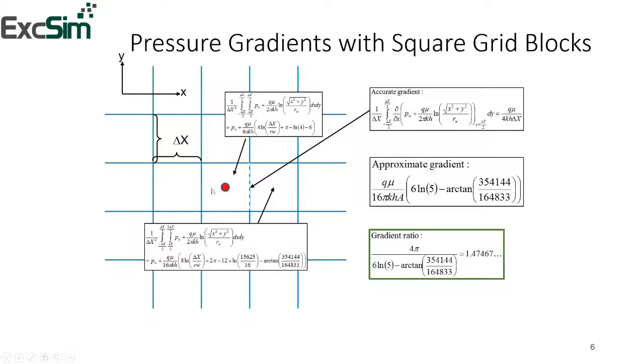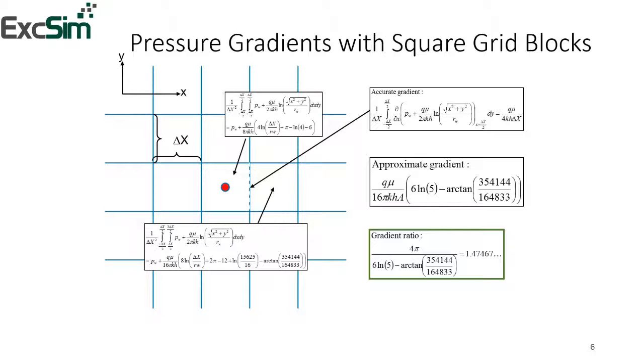I've calculated the average pressure in the well block. It is shown here, and these equations show the average pressure in the neighboring block here. And I also have calculated the average pressure gradient exactly at the interface. That is shown here.